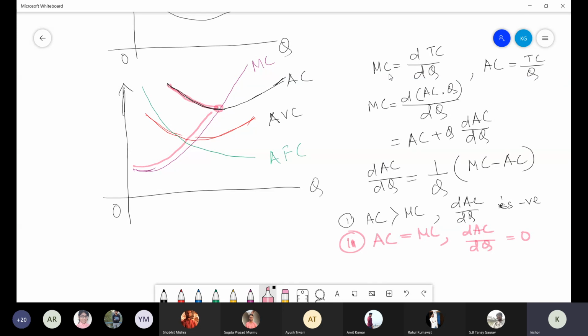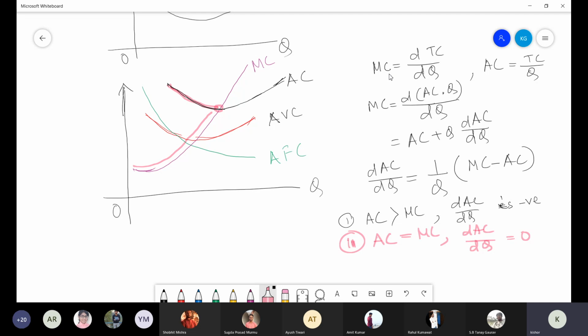At this particular point, you see the MC value and AC value are equal, which means the slope is 0, because this is the minimum point. Minimum point means the slope of the AC curve is 0. At any minimum or maximum point, you know the slope is always 0.